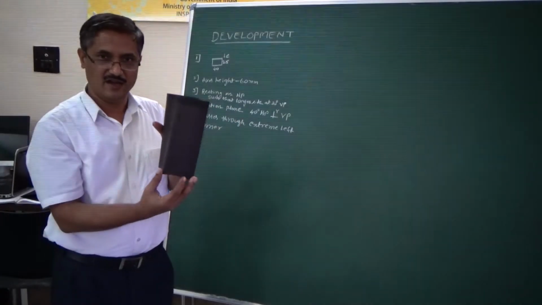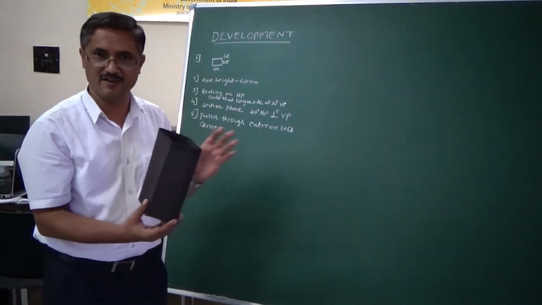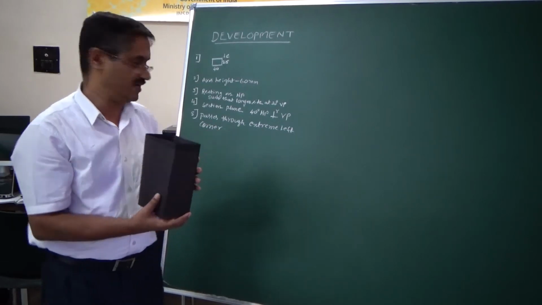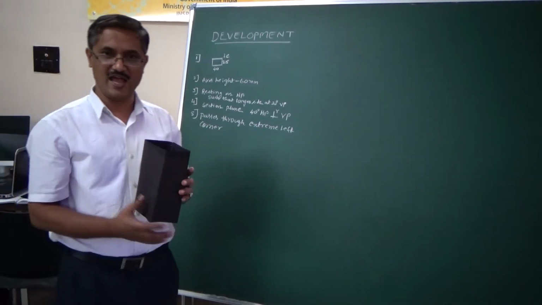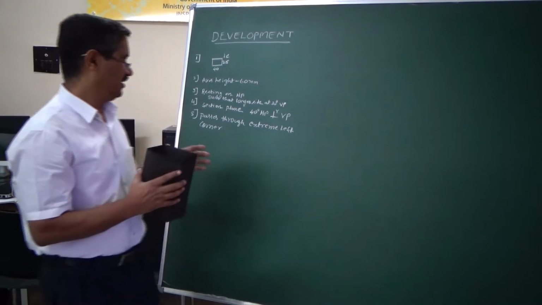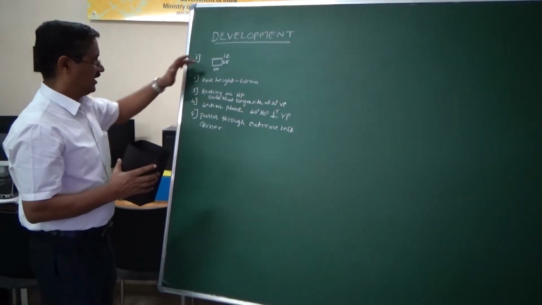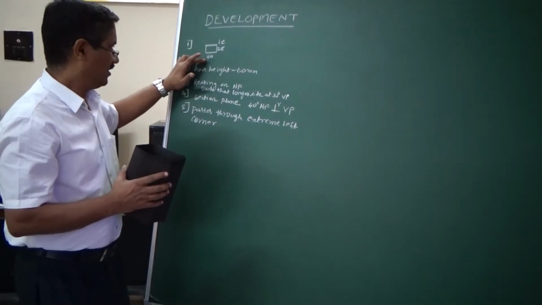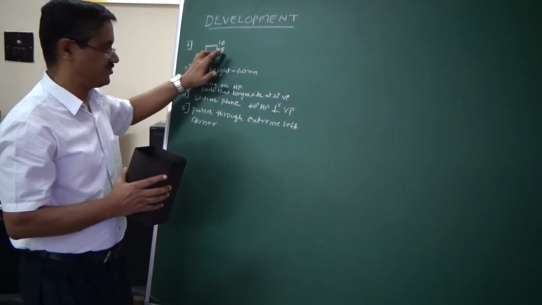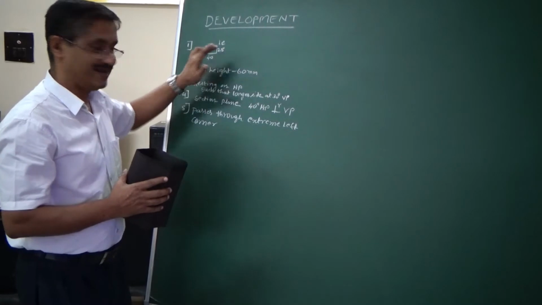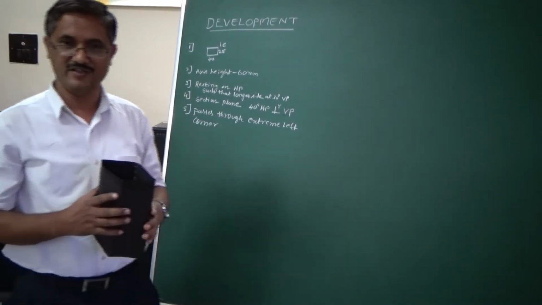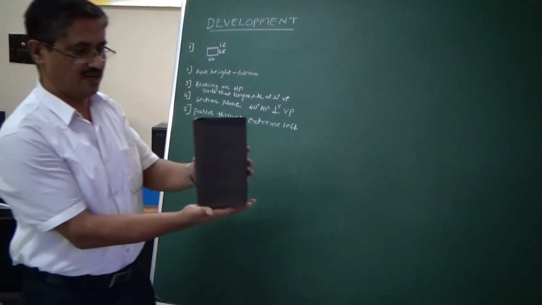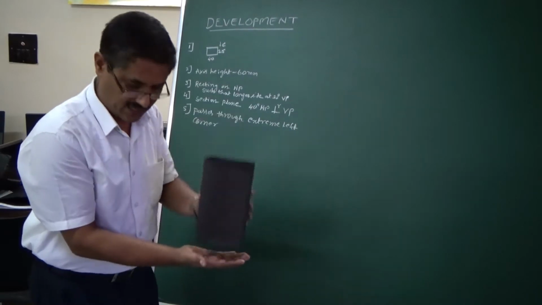Now we will draw stage 1 of the problem as per the given condition. The problem says a rectangular prism of longer side 40 mm and shorter side 25 mm rests on HP. When we say rests on HP, the solid will be resting on the ground.